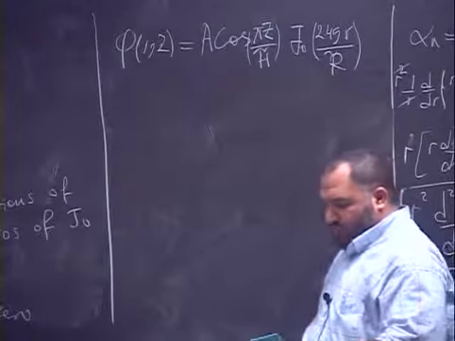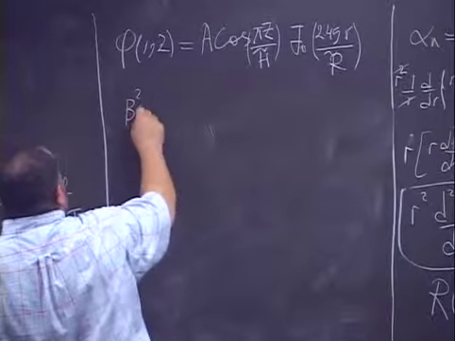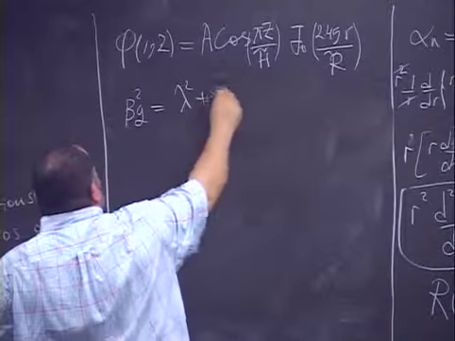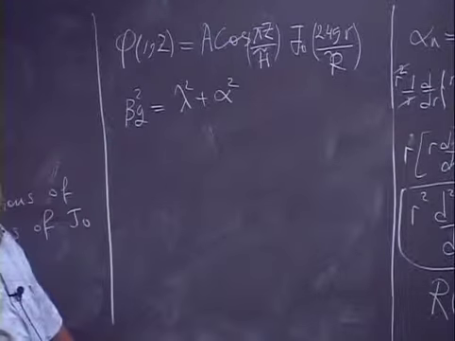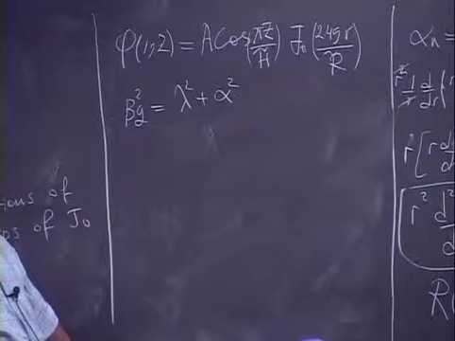Now, B squared g is equal to lambda squared plus alpha squared. But what's alpha?